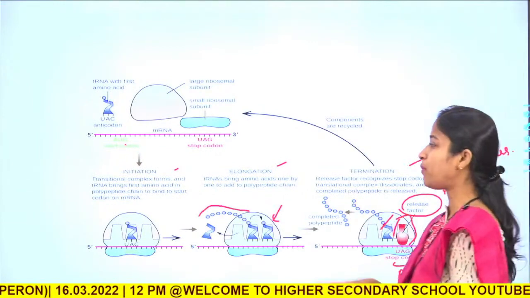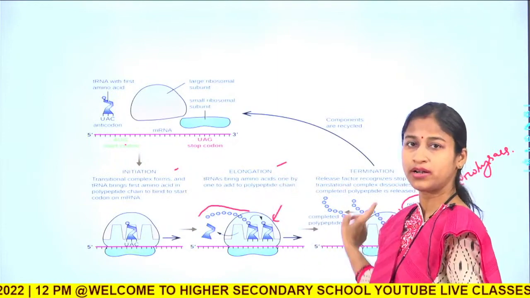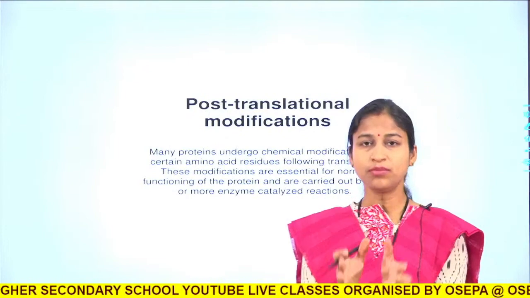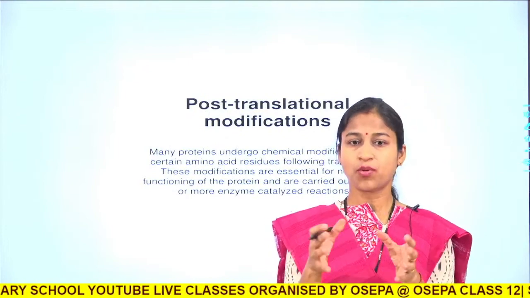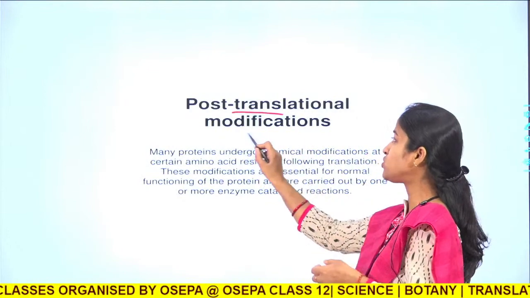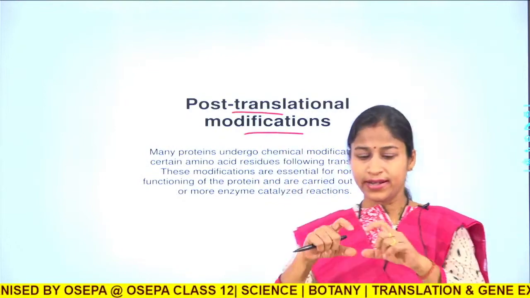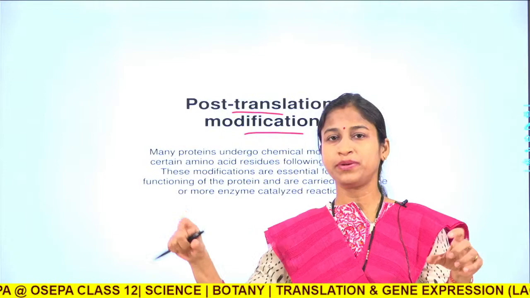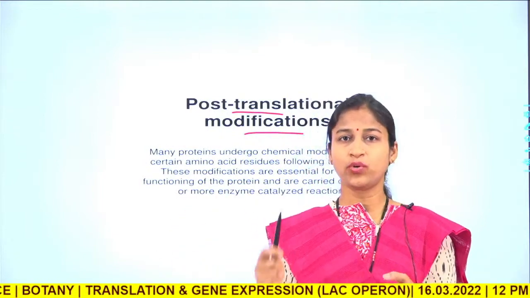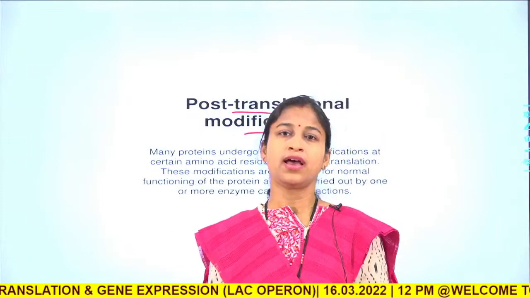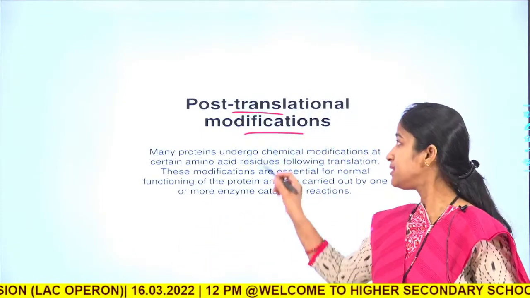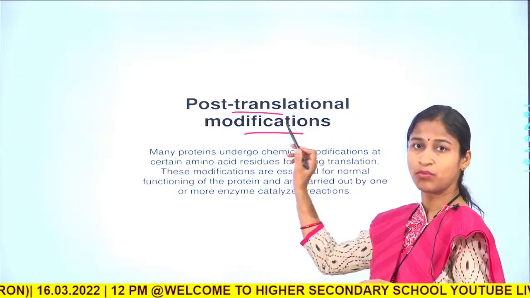So, this is all about initiation, elongation and termination of translation, and after translation there is certain modification of this polypeptide chain. This is called post translational modification. It does not mean that because a polypeptide is formed, it will be functional. From a polypeptide to a functional protein, it must undergo certain modifications, and this is called post translational modification.